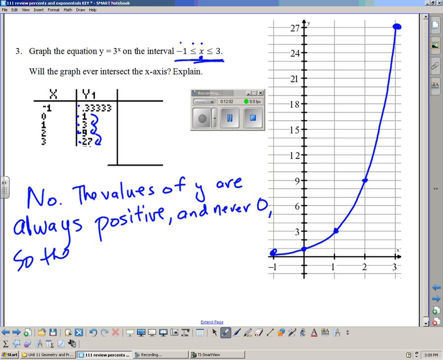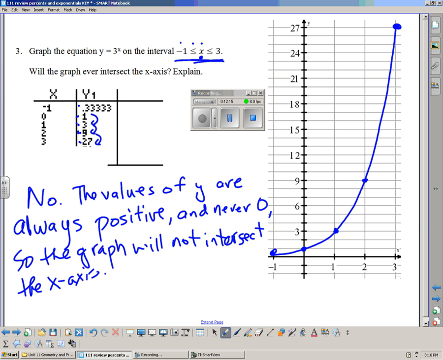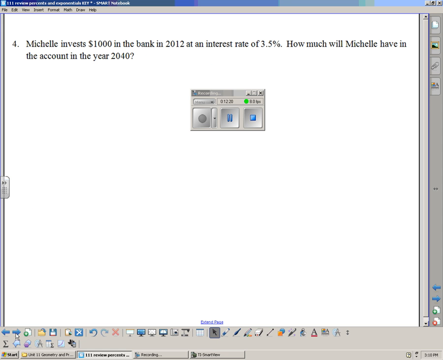So the graph will not intersect the x-axis. And that's plenty.